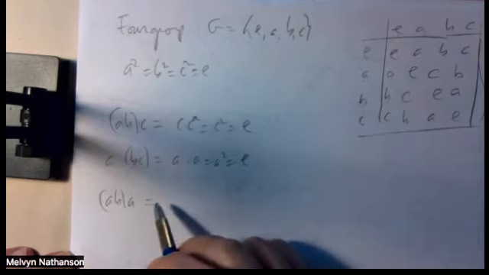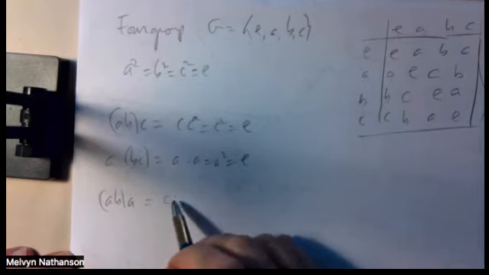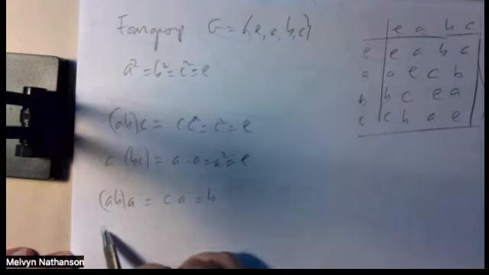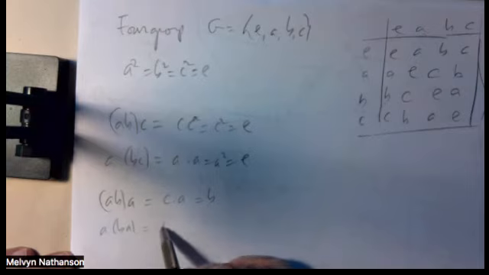And what about AB times A? AB times A, AB is C, C times A is B, and A times BA is A times C, which is also B. So this equals this. And there really are 64 different equations you would have to check. But that's why I'm telling you, definitely do not check everything.